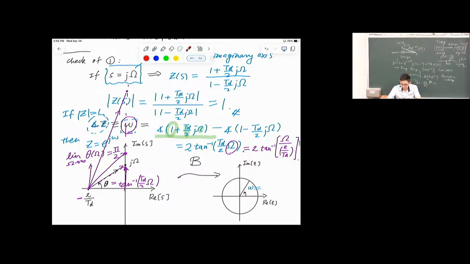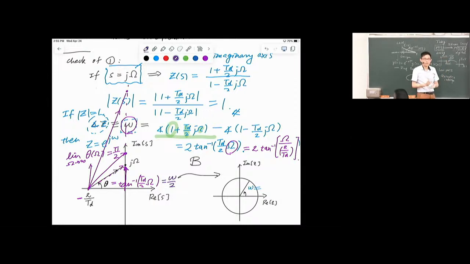There's a factor of 2, so theta really equals omega divided by 2. Okay? So we are really wrapping, we pack the entire imaginary axis to a circle.